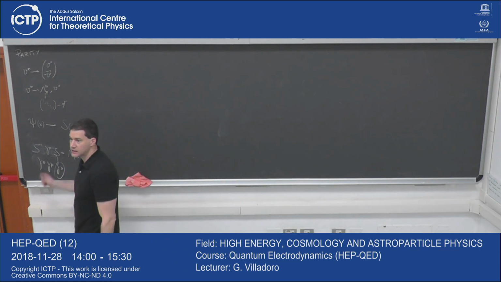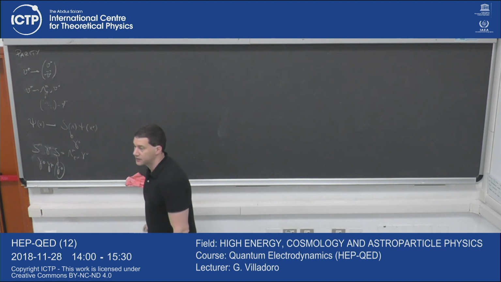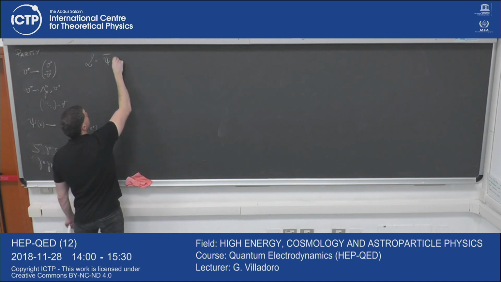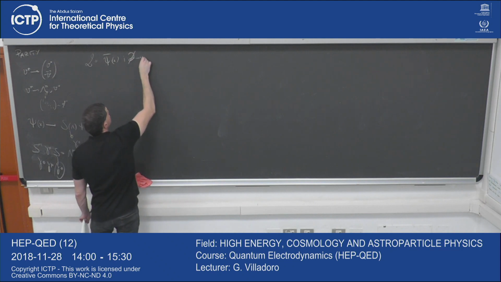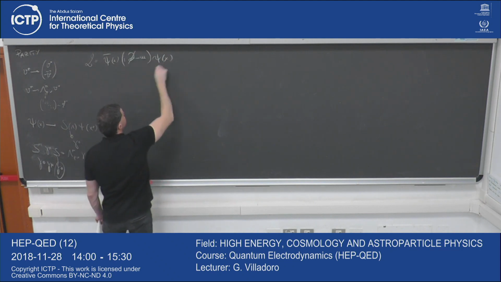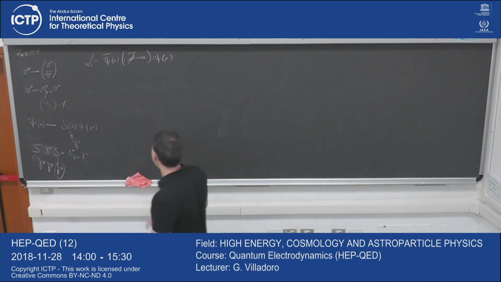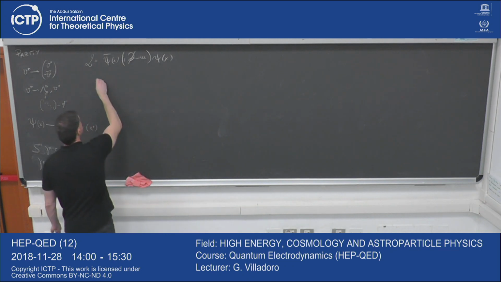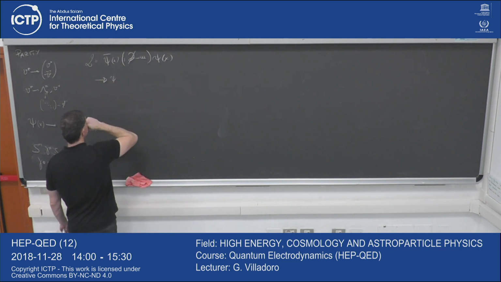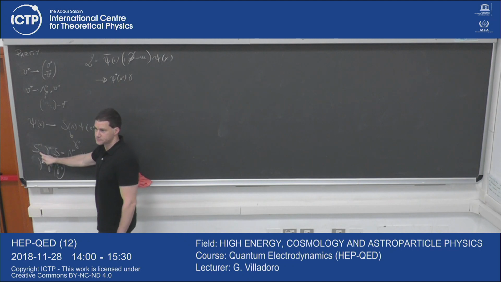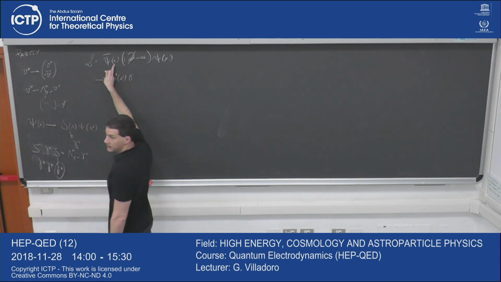Okay, so let's see that this is a symmetry of our Dirac Lagrangian. We start with psi bar (i slash-d minus m) psi of x, and we transform the fields. This transforms into psi dagger of x prime, gamma naught, S minus 1 is gamma naught, but gamma naught times the gamma naught inside the psi bar gets 1.